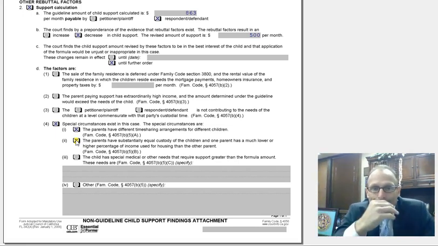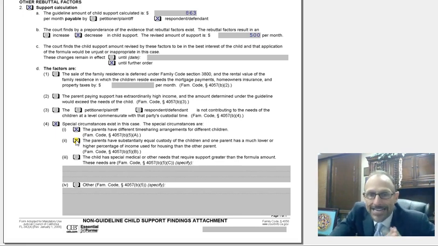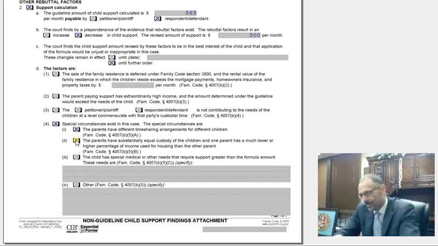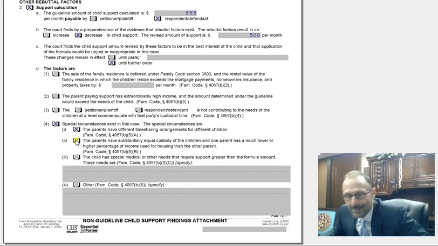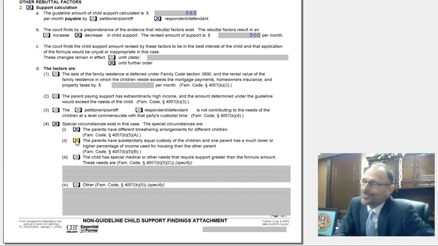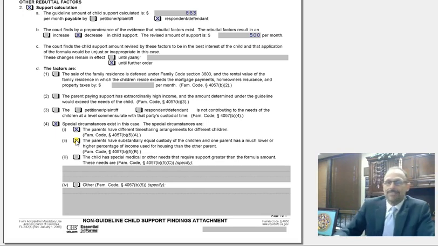Sub 3, I says the child has special medical or other needs that require support greater than the formula amount. These needs are special needs, and you're going to want to spell it out underneath there. So if there's healthcare needs, or there's child care needs that are much higher than standard because the child has special needs, or whatever it is, or extra medical care is needed for the children or something like that, that's where this would apply.